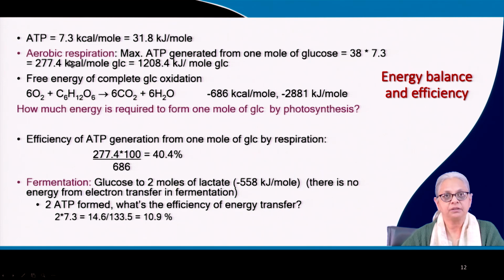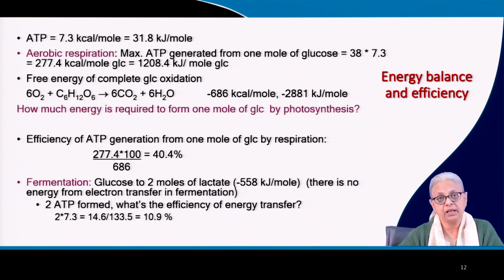Now, what is the free energy of glucose? The free energy of formation of glucose. All right, so how much of the energy that is available from the complete oxidation of glucose is being trapped in the form of ATP? So here we have our free energy of complete glucose oxidation. If we write it as glucose plus oxygen going to CO2 plus water, our delta G0 for this reaction is minus 686 kilocalories per mole or minus 2881 kilojoules per mole.